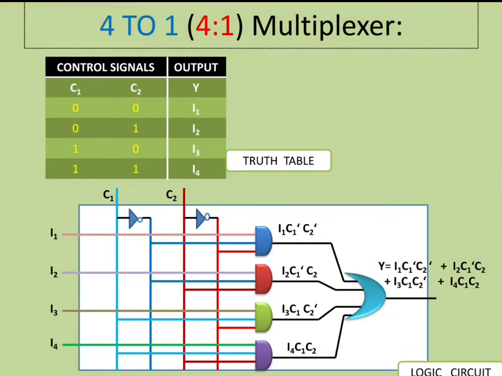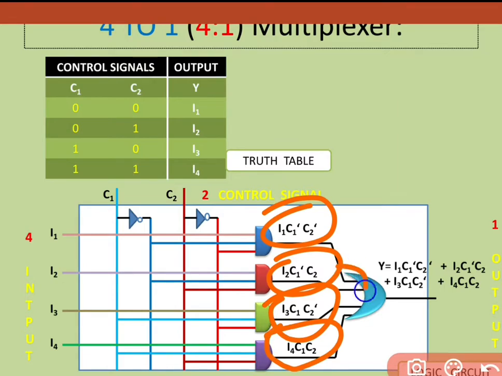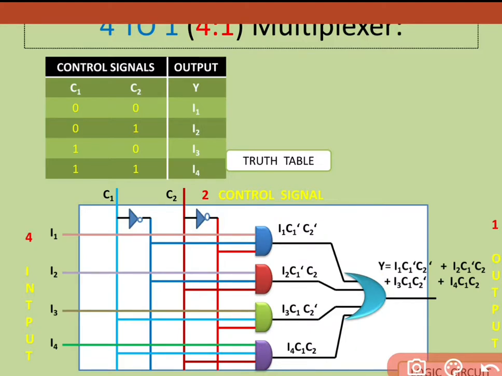And a few things I told you: this is the logic circuit, and then we have our 4 inputs, 2 control signals and 1 output. And just remember, this thing is forwarded towards the OR gate, and we have one equation and we are going to solve this equation, and then we get this as output.